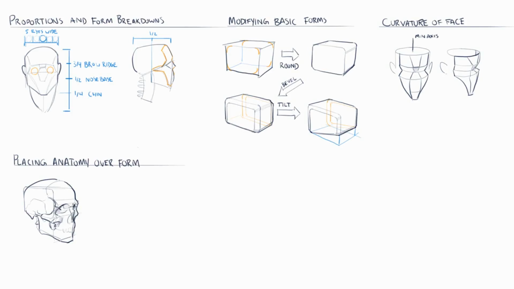As far as line quality goes, using hatching and cast shadows will really help sell the volume of the form. Be sure to study things like Scott Robertson's How to Render in order to figure out how to cast shadows.